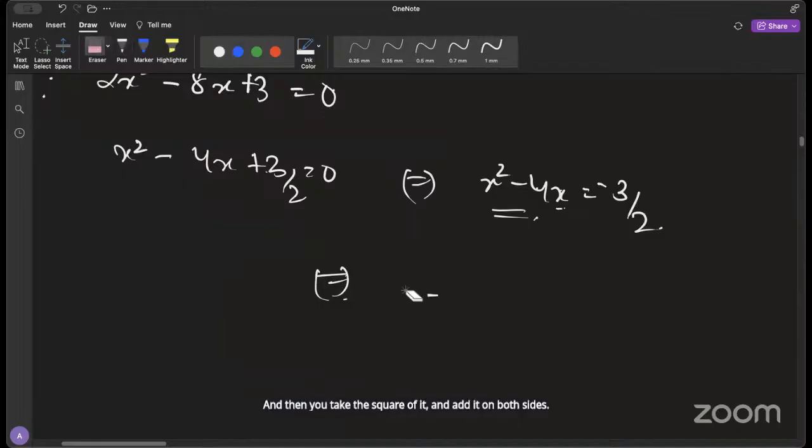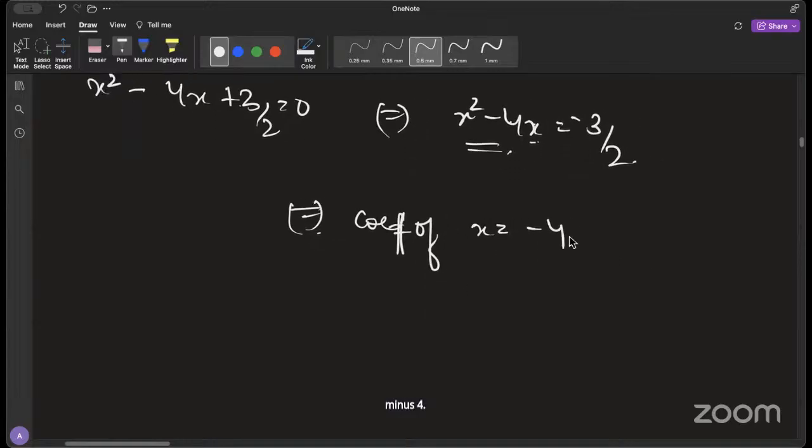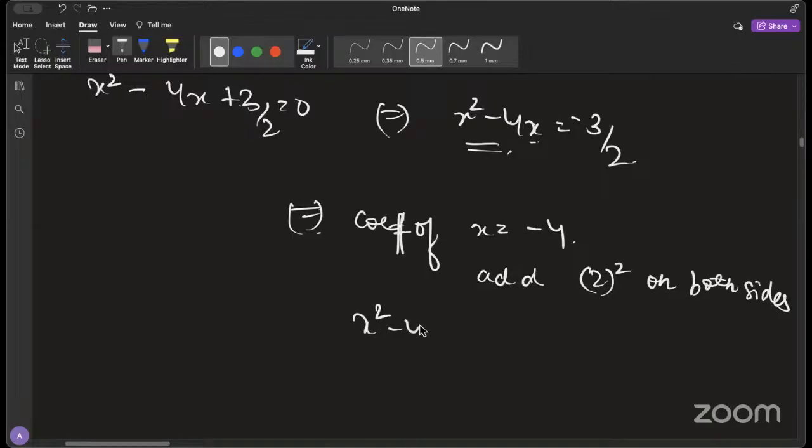So the coefficient of x is minus 4, and if you divide it by 2, you will get 2, and you will have to add the square of 2 on both sides, right? Add 2 square on both sides. So you will get x square minus 4x plus 4 equals 4 minus 3 by 2.